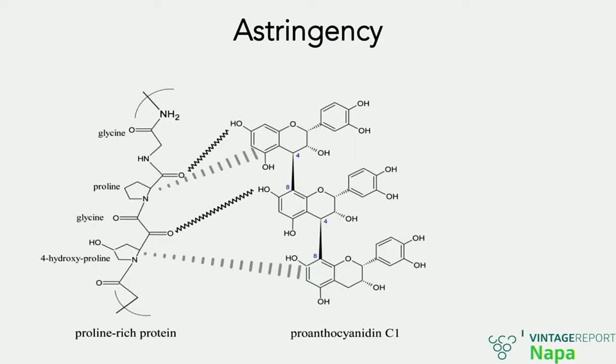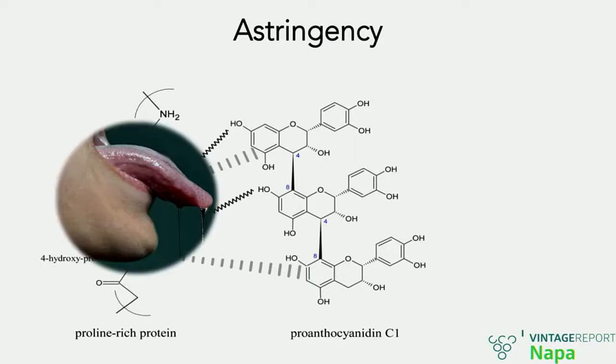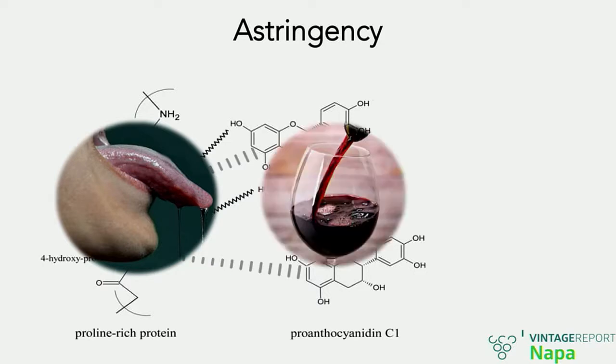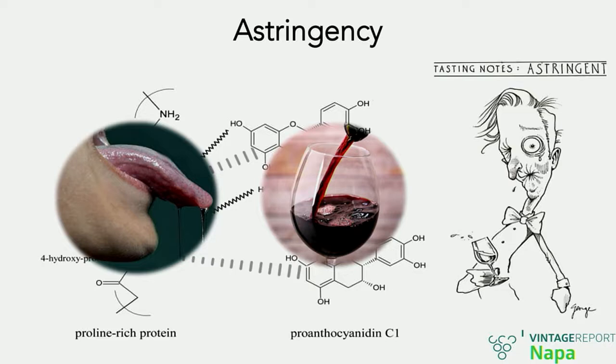These proline-rich proteins give your saliva viscosity and fluidity. When you put them together with tannins, they form a complex. This complex results in the precipitation of the protein out of solution, and you suddenly lose lubrication in your upper lip, sometimes in the roof of your palate, sometimes on the surface of your tongue, and then you get the molecular basis of astringency.